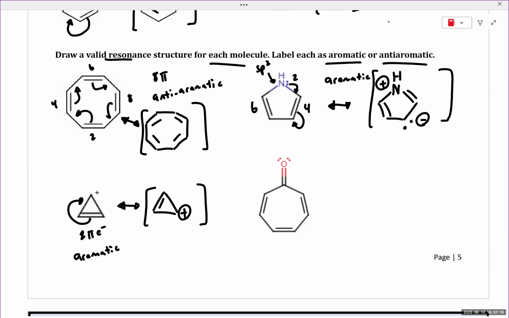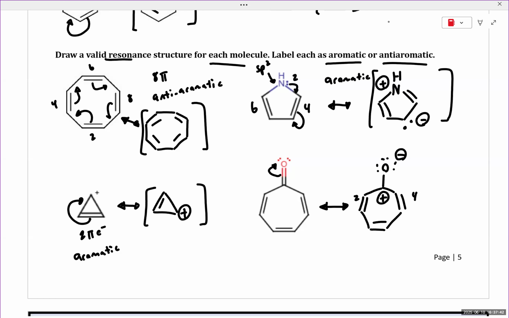Looking at this next molecule, before we do anything, let's draw a resonance structure. So I'm going to take this carbonyl and redistribute those pi bond electrons up to the oxygen atom. From here, we can see something pretty interesting.